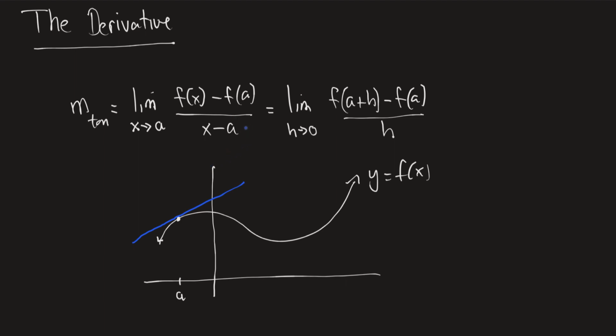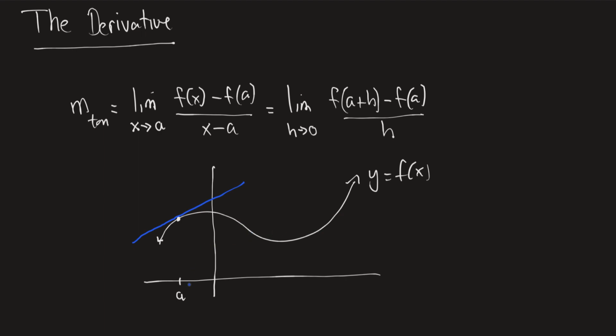Well, here's my question. If we are forced to use a limit definition, and at this point we are, right? We have no other alternative. Suppose instead of just being given one x value and asked to find the slope of that line, what if I gave you multiple points along this curve?